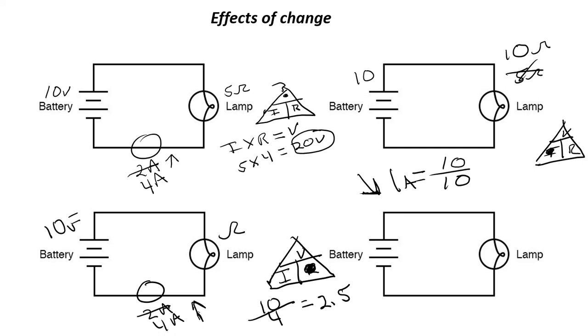So my answer now is 2.5 ohms. So what happened? My amps went up, but my voltage stays the same. So that meant my resistance went down.